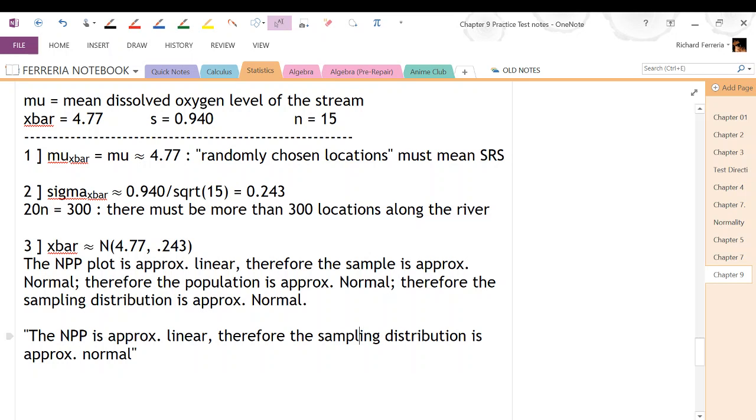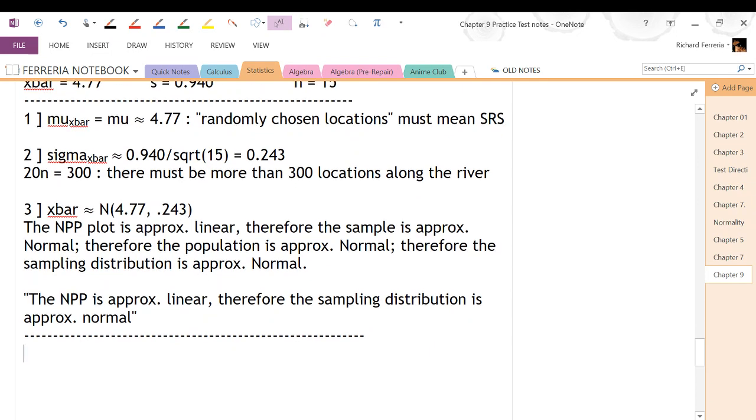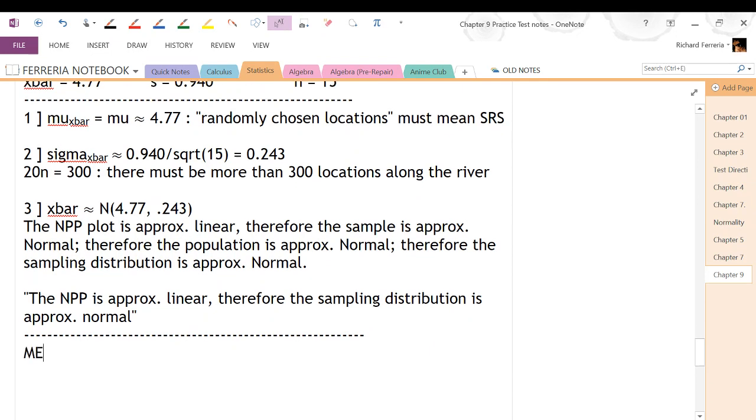Okay, so that's everything about the sampling distribution we're going to need. The rest of this comes pretty quickly. We have the margin of error is going to be equal to a t-star with 14 degrees of freedom multiplied by the standard error.